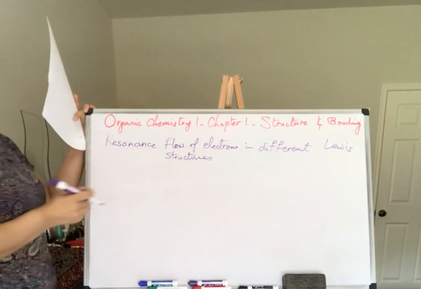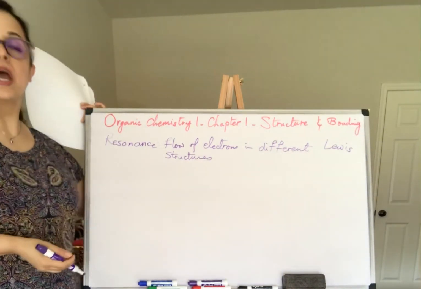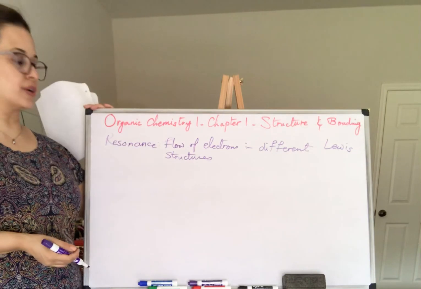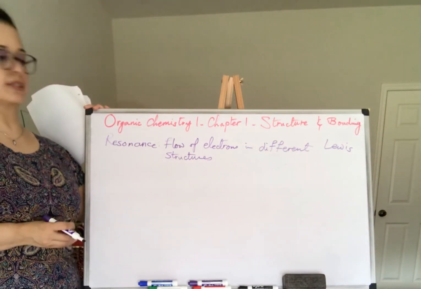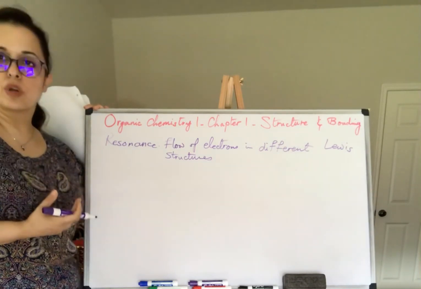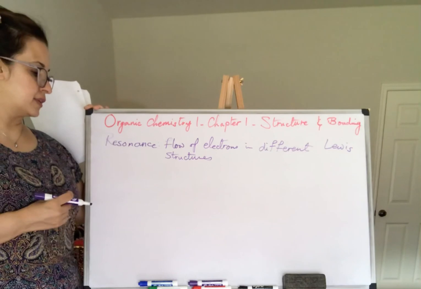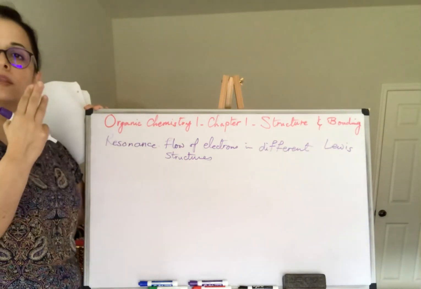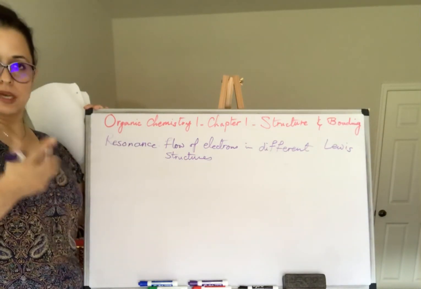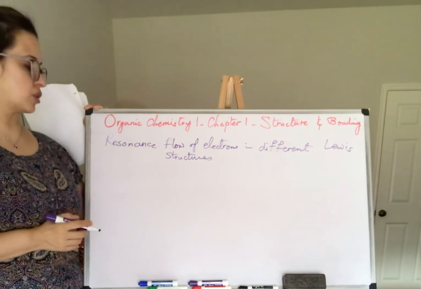Okay, so not necessarily do we have resonance structures for every single Lewis structure that we draw. We must have the conditions. There are 3 main conditions that make it possible to have resonance structures.